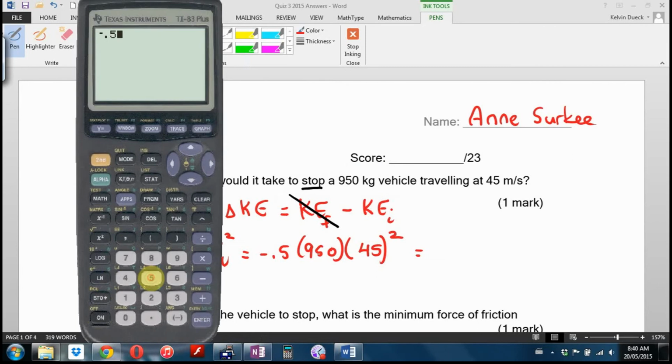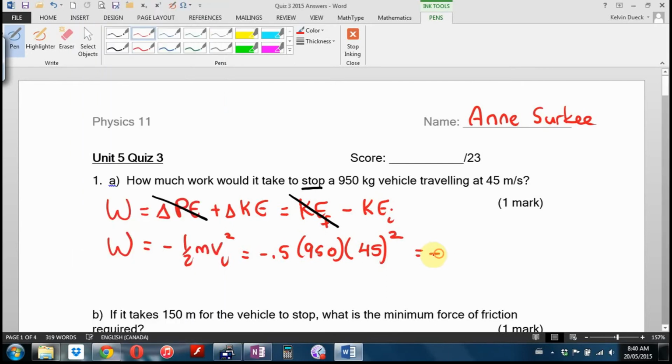Negative 0.5 times 950 times 45 squared. And I get negative, I've just noticed my calculator lately has been doing this little squiggly thing, and I didn't pick up on that, but now I'm seeing it all the time. Is that right? So I'll go negative 9.6 times 10 to the 5. One mark, half mark off if you missed a negative.